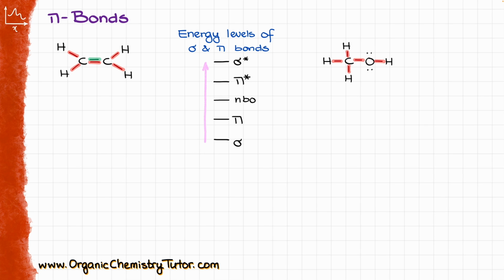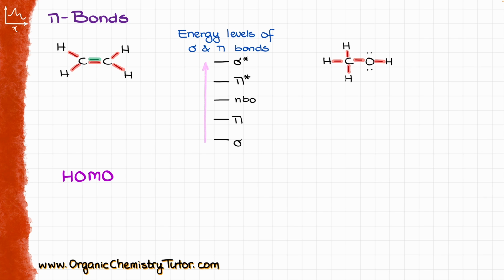And the last bit of information that we need to know before we look at reactions is two more terms. When we are dealing with the molecular orbitals, we are going to be looking specifically at the highest occupied molecular orbital, or HOMO for short. That is literally the orbital with the last electron on it.